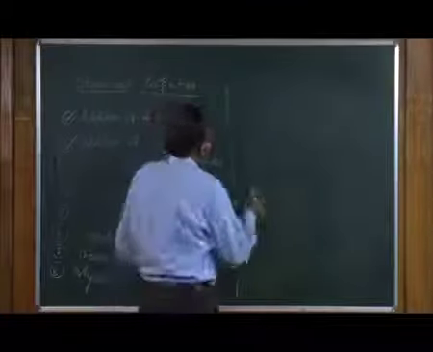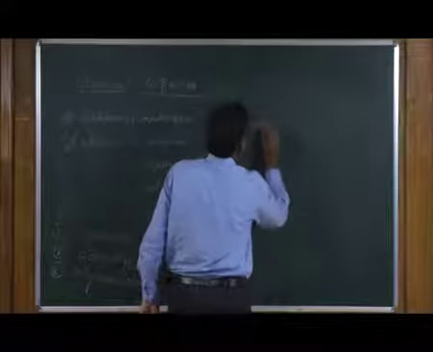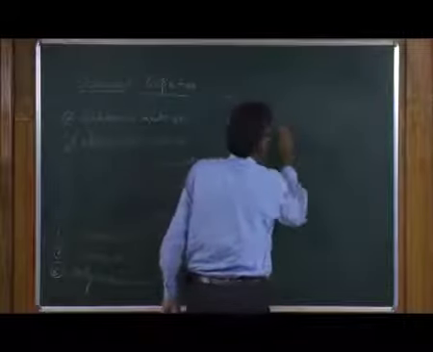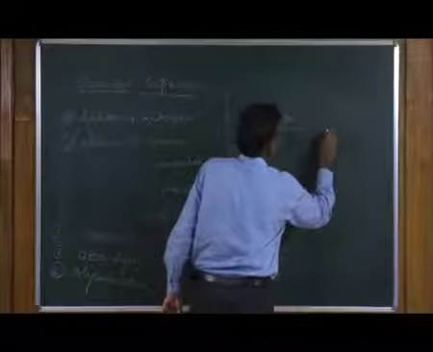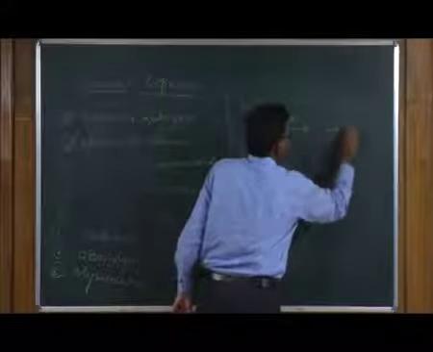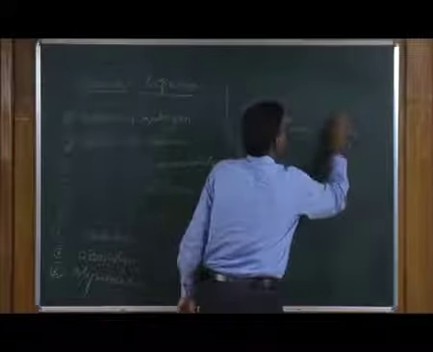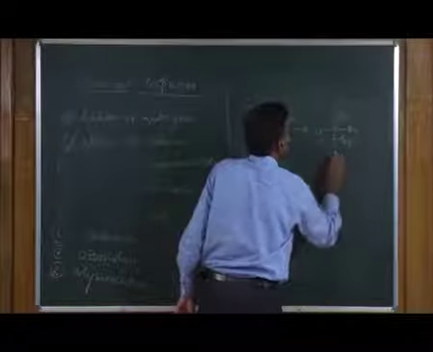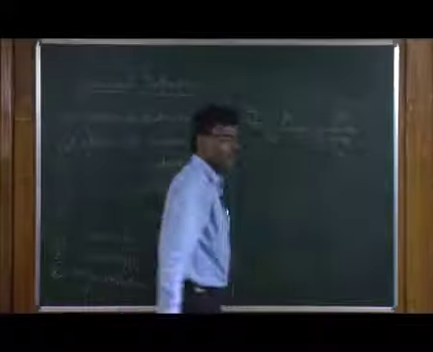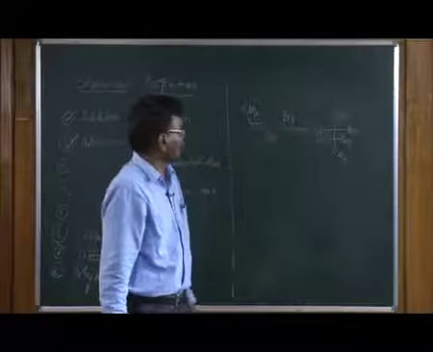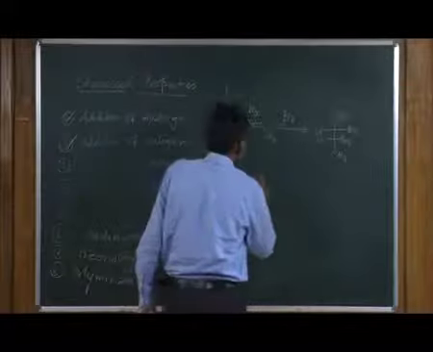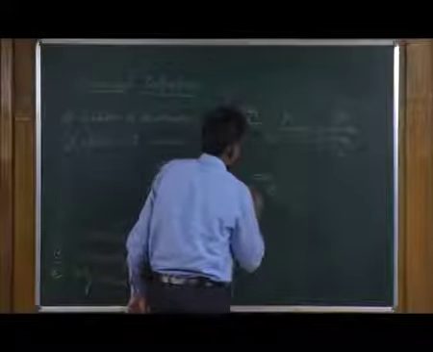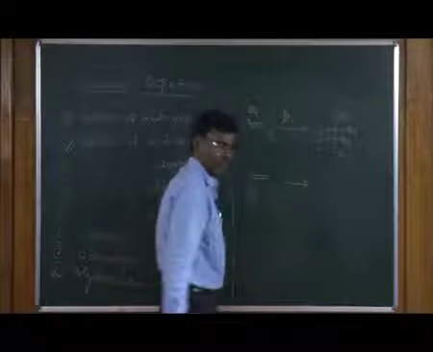Suppose you react trans-2-butene with bromine, you will get 2,3-dibromobutane. On the other hand, cis-2-butene can lead to a mixture of enantiomers.